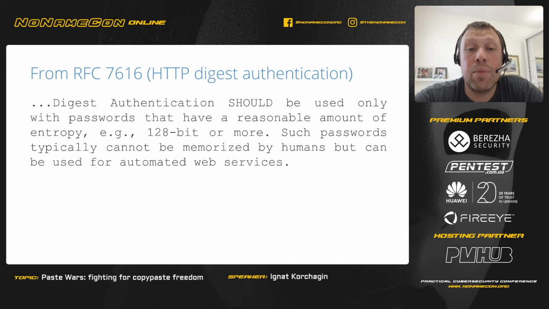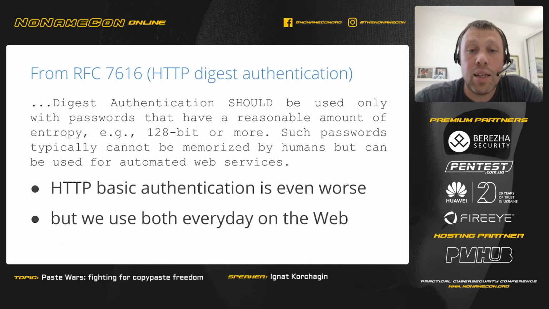Such passwords typically cannot be memorized by humans, but can be used for automated web services. So even an internet standard tells us that modern secure passwords cannot be memorized by humans. Yet, many websites use a simpler form of so-called HTTP basic authentication. We use both every day on the web.